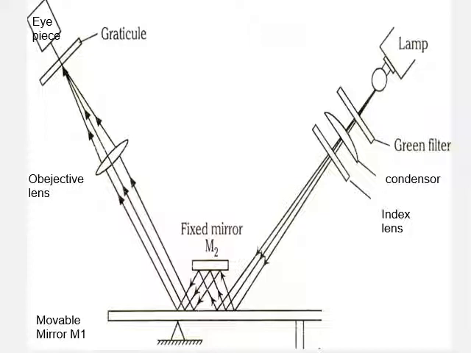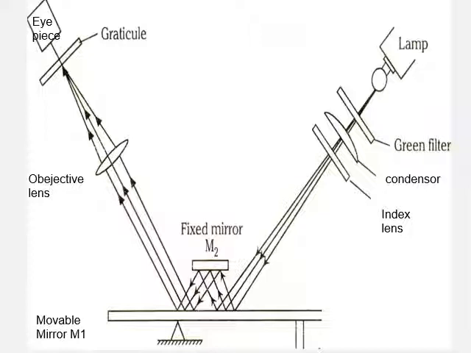With the help of the objective lens and graticle, the eyepiece graticle is incorporated with a scale. So with the help of the graticle and eyepiece, the image is captured, and the scale which is inherent in the graticle lets us analyze the shift of the reflected image, that is, the displacement of the reflected image with respect to its original location.